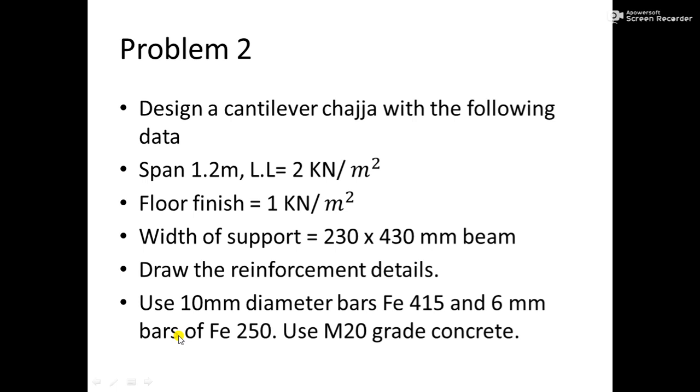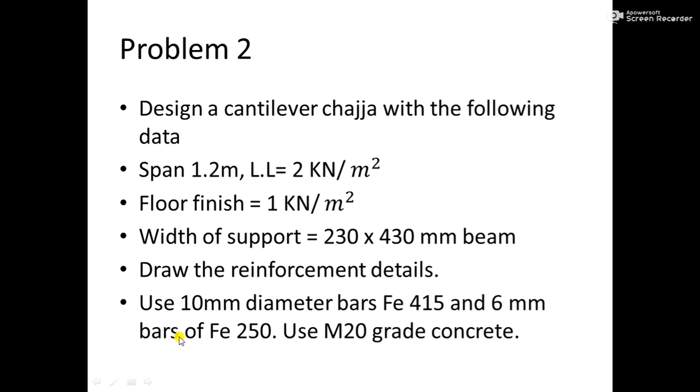Width of support: the cantilever slab is resting at one end and free at the other end. For that, where the cantilever slab is resting, the support is a 230 mm by 430 mm beam. Draw the reinforcement details.